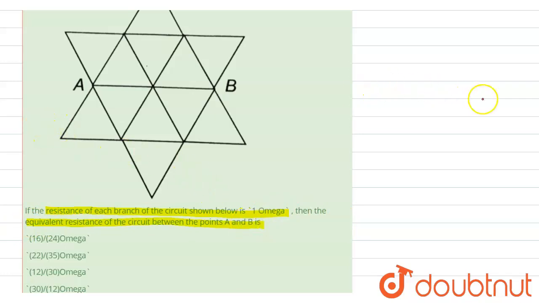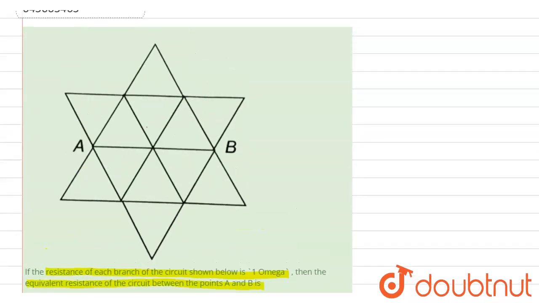So first we analyze our star arrangement. We see here that we can find the equivalent of this area, and similarly we can also find the equivalent of this area because it is a simple arrangement.